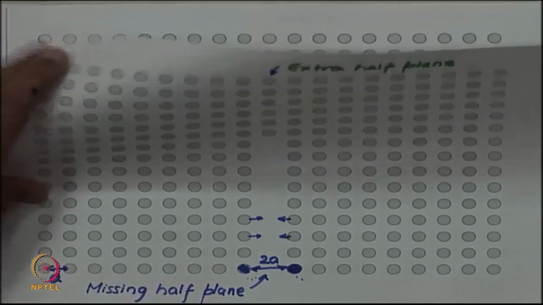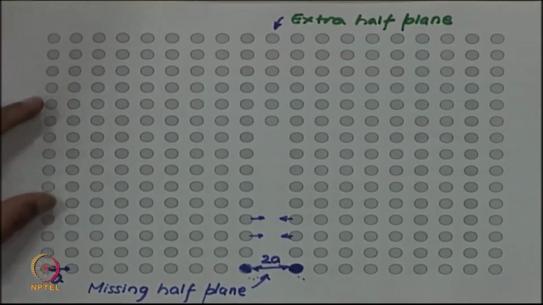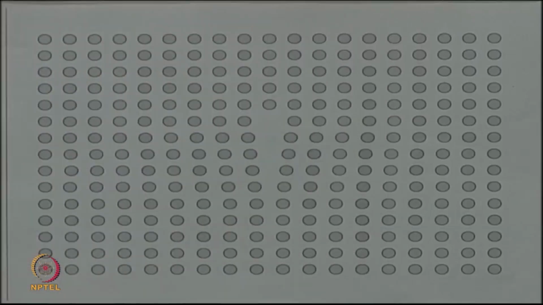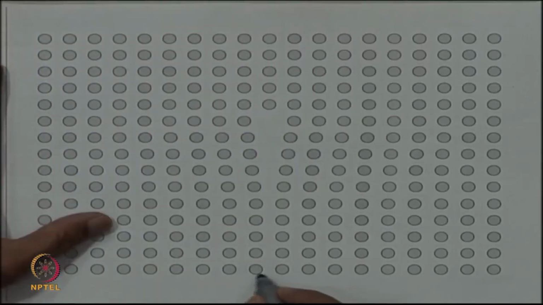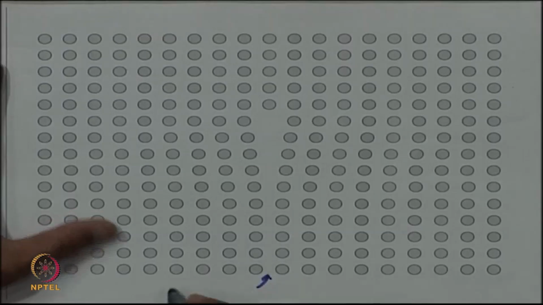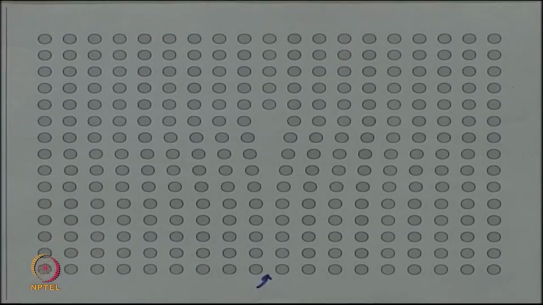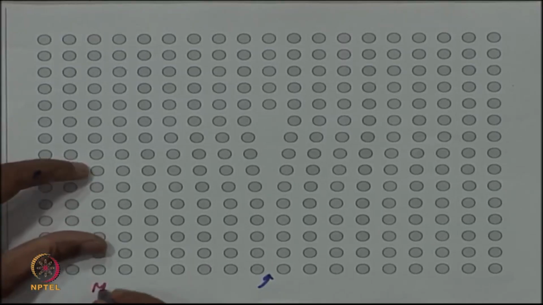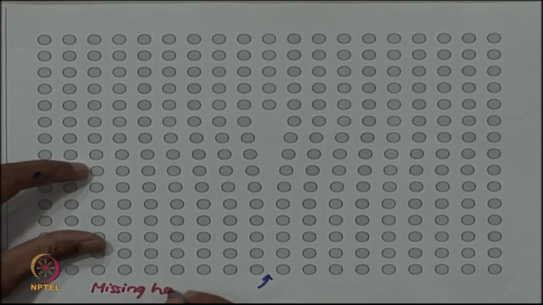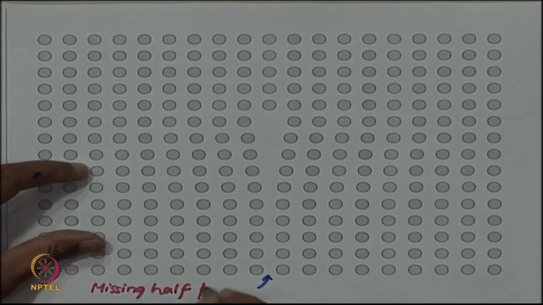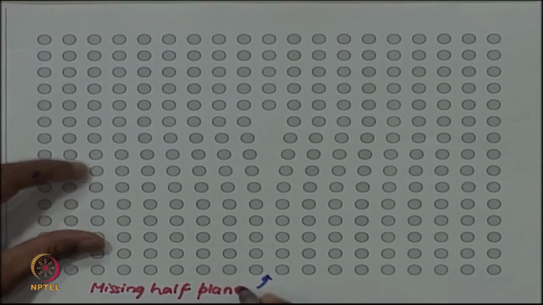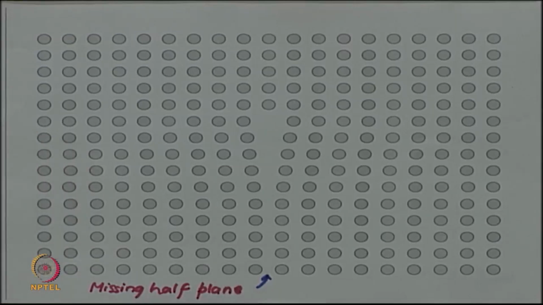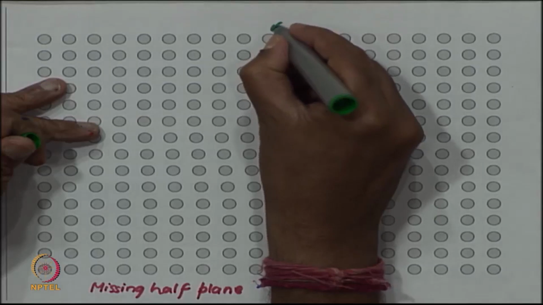So, if we allow this kind of relaxation, we get a configuration something like this, where this was the location of our missing half plane, and this is our extra half plane.